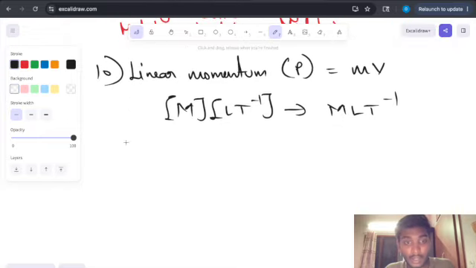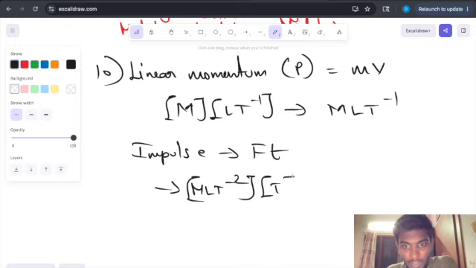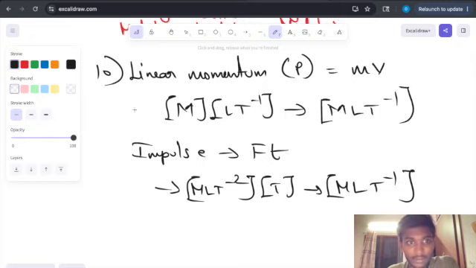There is another physical quantity known as impulse, which is Ft, force into time. If I derive the dimension of impulse, it is MLT to the power of minus 2 into T. That will give me MLT minus 1. So from this, I can verify that linear momentum and impulse have the same dimension.